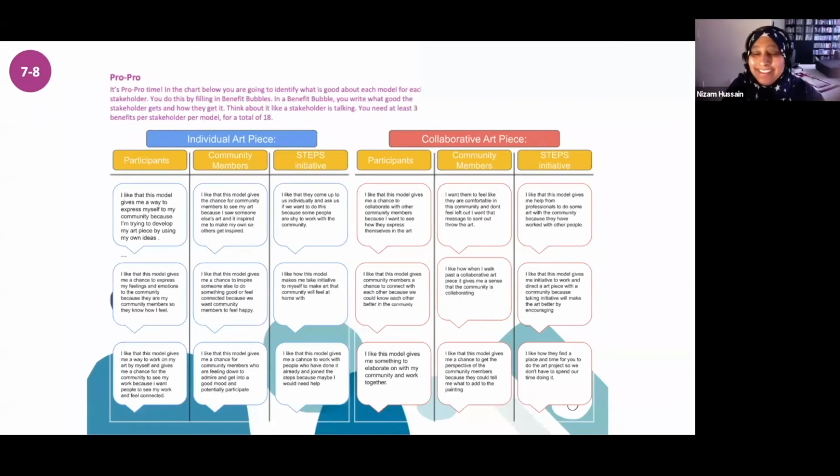Can I add something? I just wanted to say that I really like how the students stuck to the language of "I like that this model gives," and then going into why does it give that benefit? And from a teaching perspective, when the students stick to that model, the repetition becomes more clear and easier to pick up, and not just for us, but also for them, because if they're using the same word over and over again, then you can say, well, is that really just the same benefit?